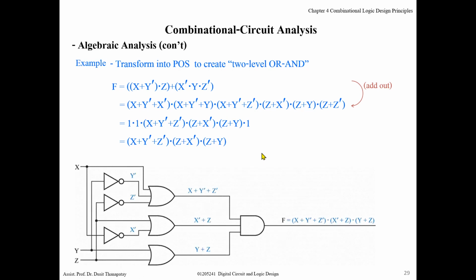And from this product of sum, this sum term uses this OR gate, this sum term uses this OR gate, and this term uses this one, and then AND, right? AND of the three terms together. So you get a two level OR AND structure.